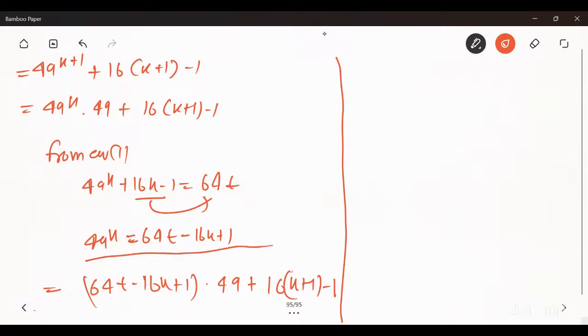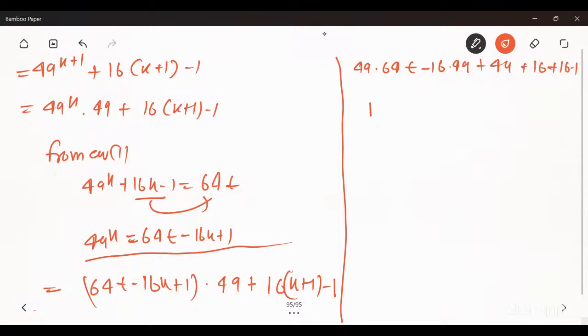So we have put in the equation first. So if you multiply, you will get 49 into 64t minus 16 into 49 plus 1 into 49 plus 16k plus 16 minus 1.